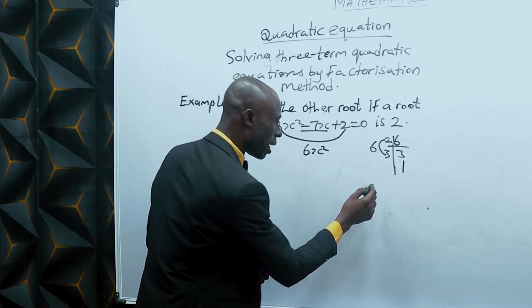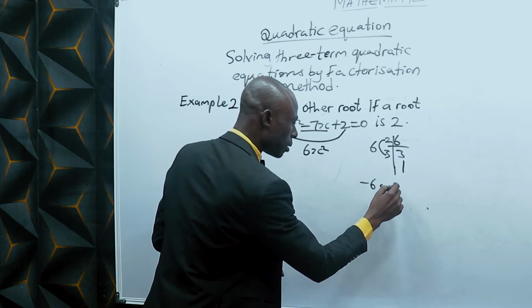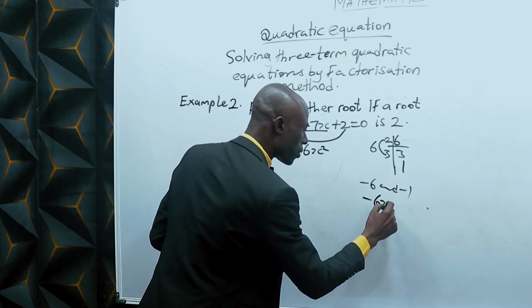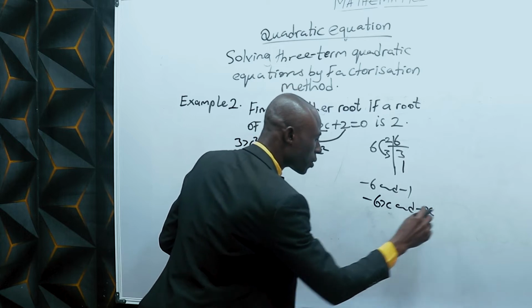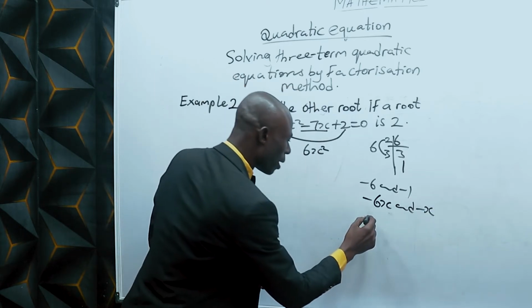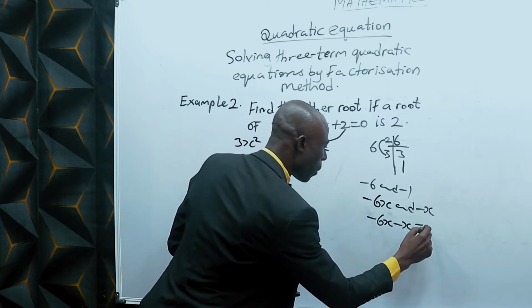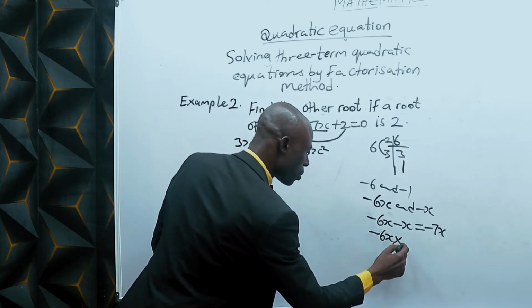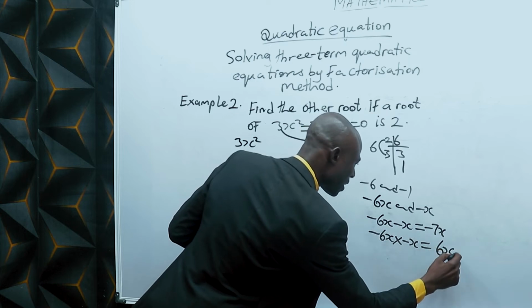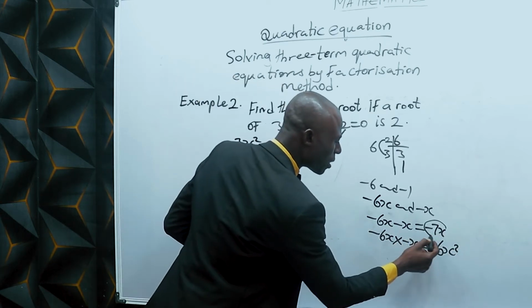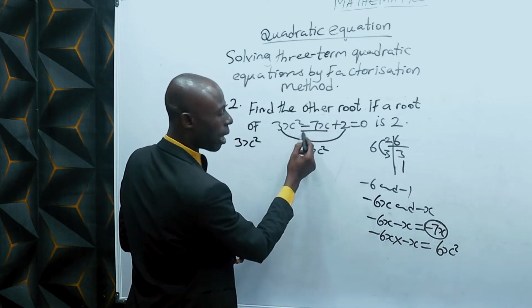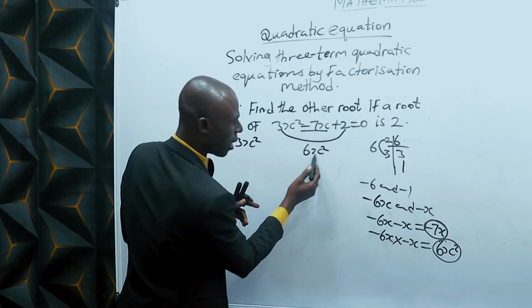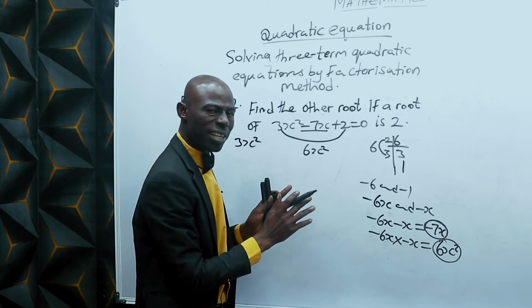If we are to get minus 7, that means we say minus 6 and minus 1. So integrate your variable. You have minus 6x and minus x. Adding them together, minus 6x minus x gives minus 7x. Multiplying them together, minus 6x times minus x gives plus 6x squared. Now, this tallies with the middle term, exactly, with sign. And this also tallies with the product of the first and last term, exactly without any sign difference.